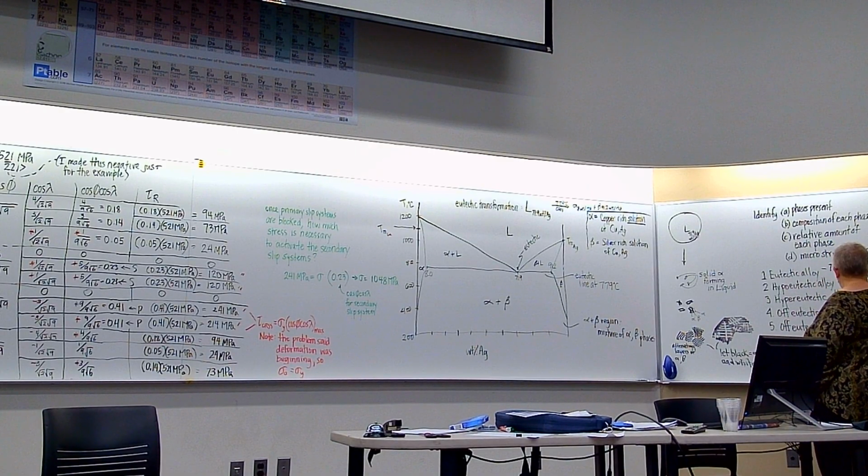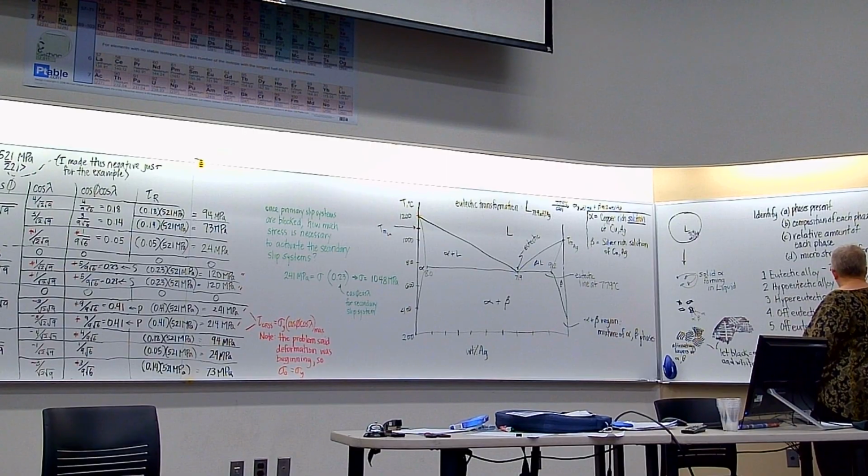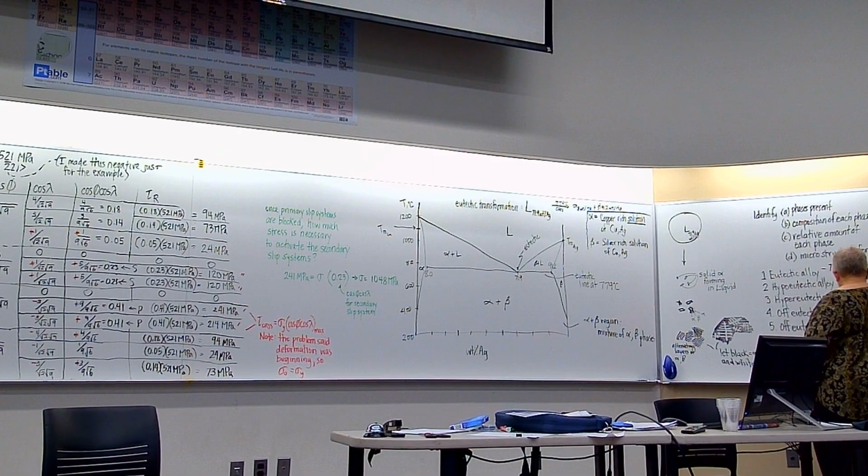Hypereutectic is 71.9 to 91.2. Zero to 8, and 91.2 to 100.